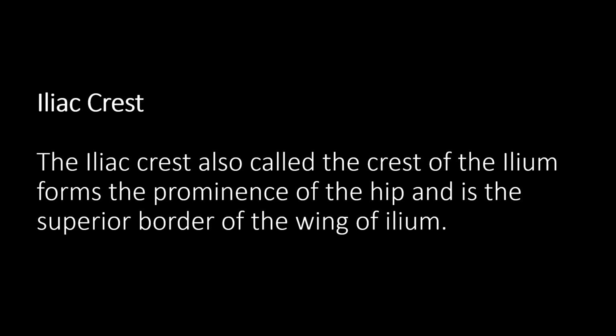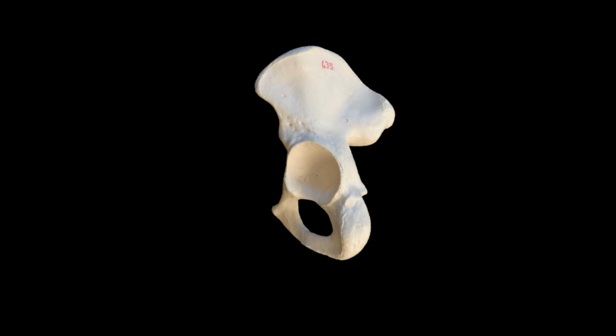Iliac crest. The iliac crest, also called the crest of the ilium, forms the prominence of the hip and is the superior border of the wing of the ilium. Name this anatomical area.